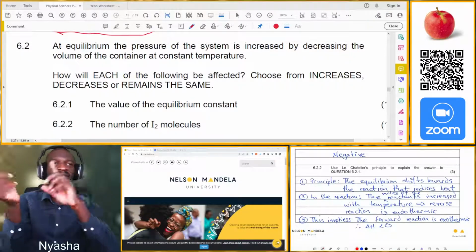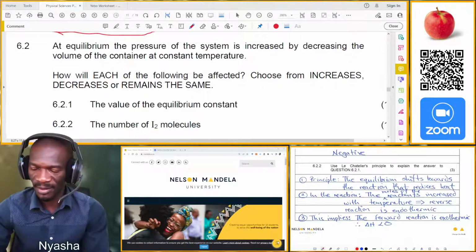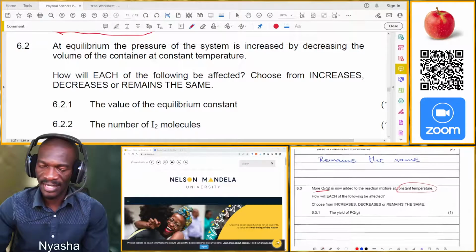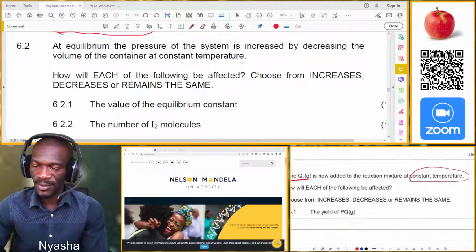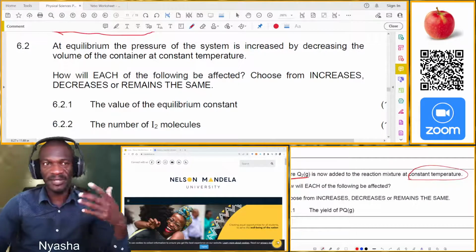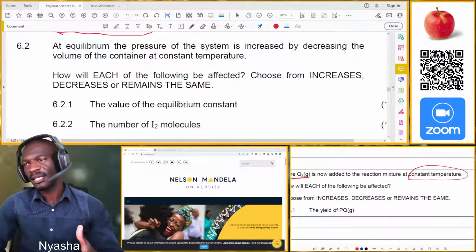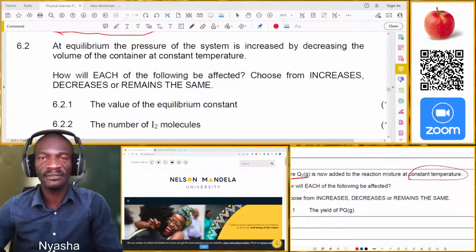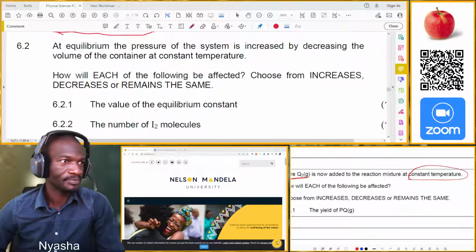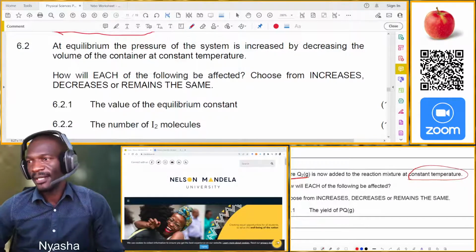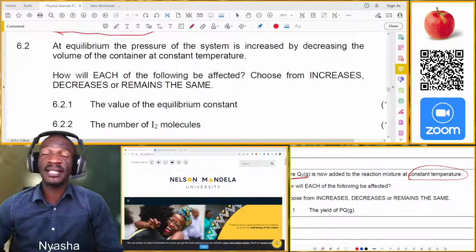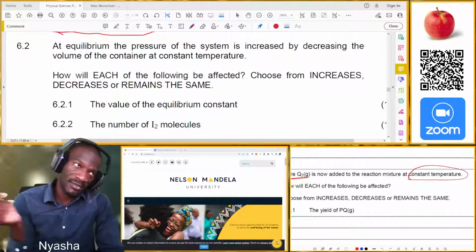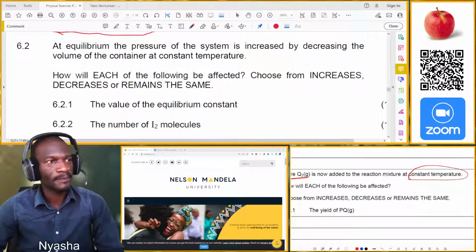So the reverse was the one which was endothermic. So we figured that it was exothermic. Okay, so we said that the process is exothermic. If we maintain our temperature constant, then we are not going to affect our chemical reaction, right? When we raised the temperature last time, then we favored the reverse chemical reaction.